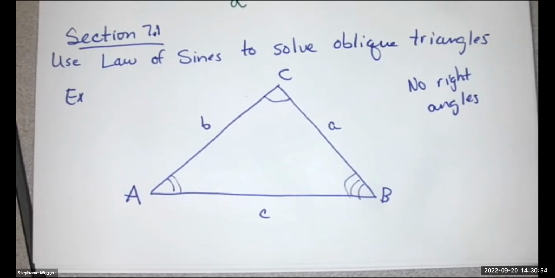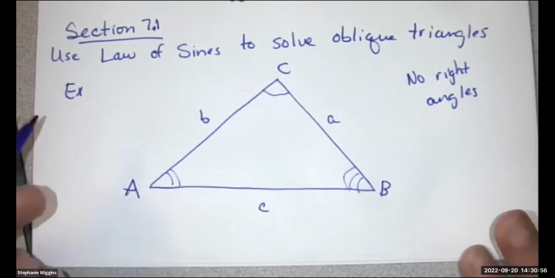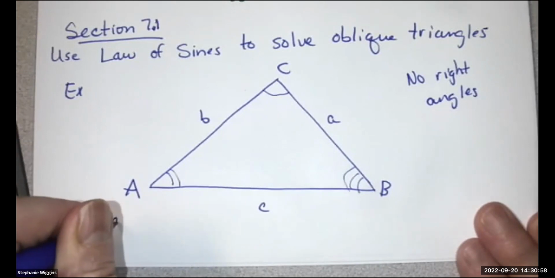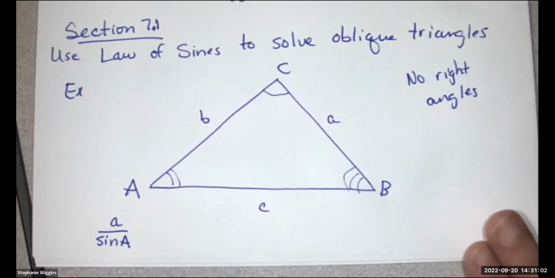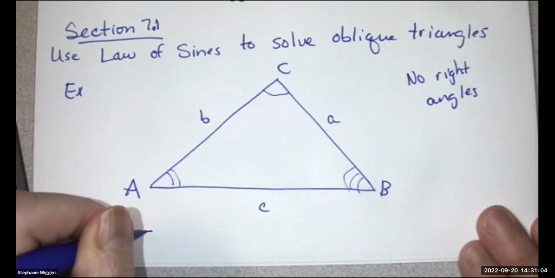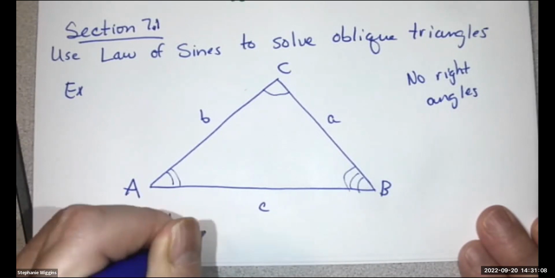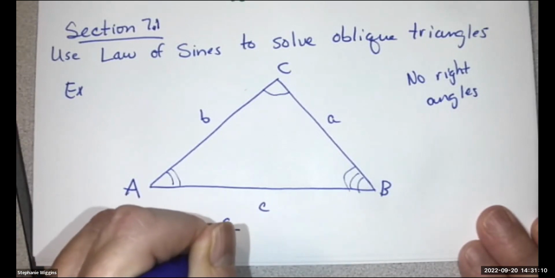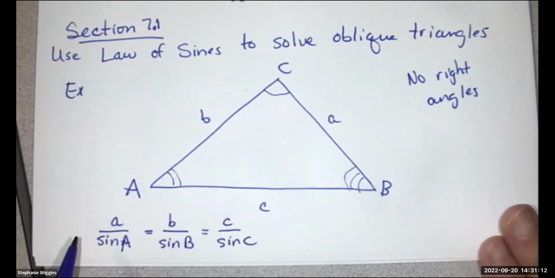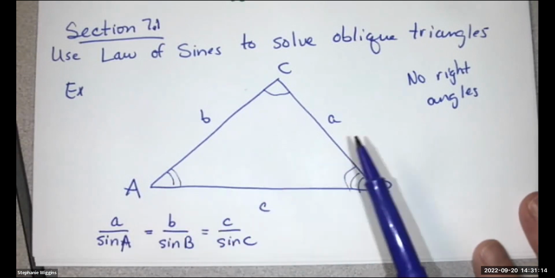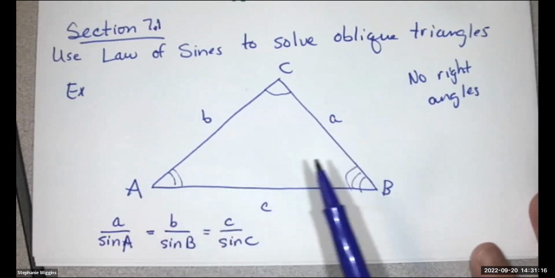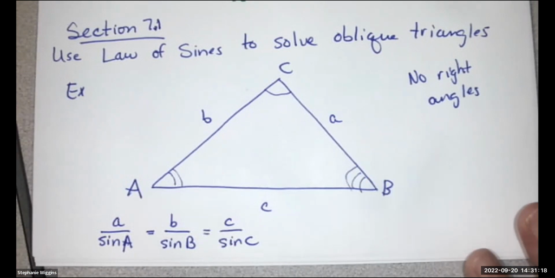And the law of sines says that a over sine of capital A, this ratio is going to be constant. So b over sine B and c over sine C. So when you take the ratio of an angle with the opposite side, that's going to be the same all around the triangle.